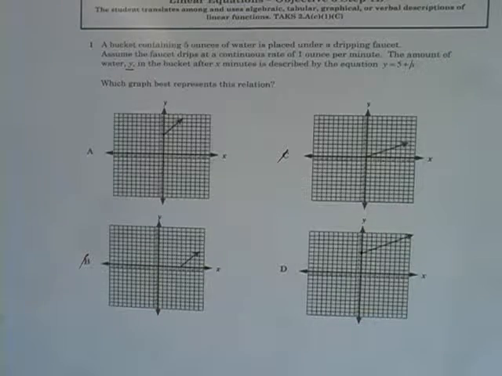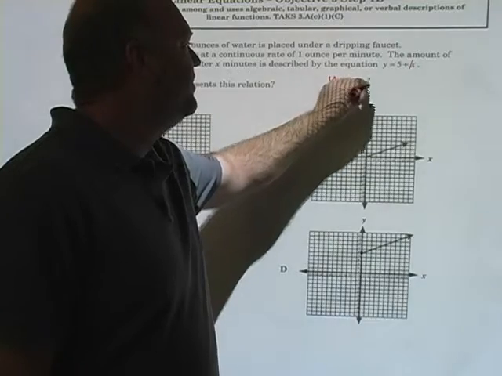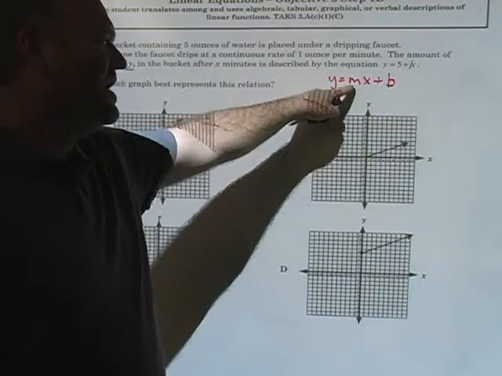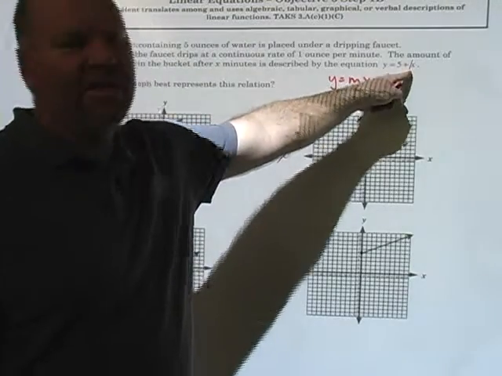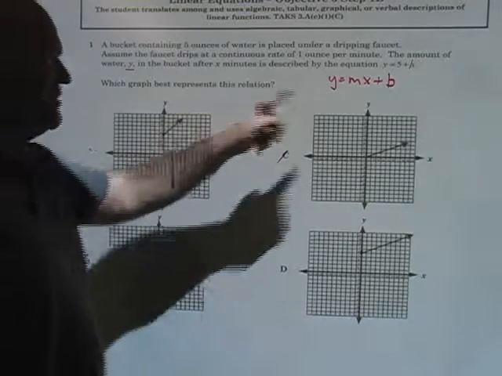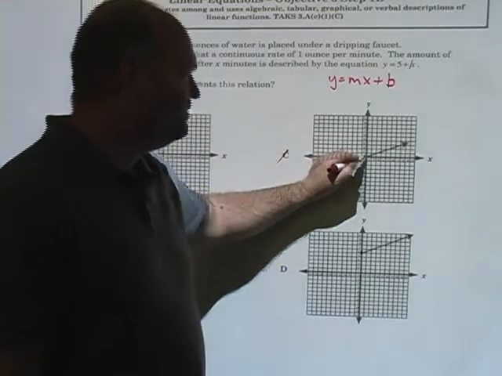Now, we also, remember our formula, y equals mx plus b. What's in front of the x? Well, we've got a 1. So we have a slope of 1 and a y-intercept of 5. Okay. Now look at this slope.